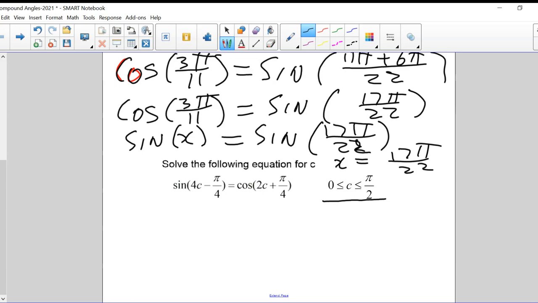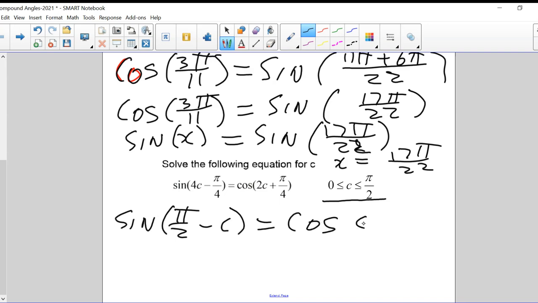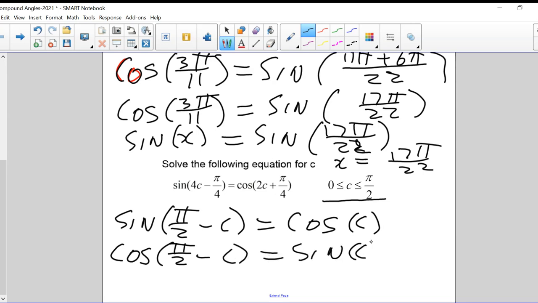So I can use one of the two cofunctions that we talked about. We can say that the sine of pi over 2 minus c is equal to the cosine of c, or we can use the other one, the cosine of pi over 2 minus c is equal to the sine of c.